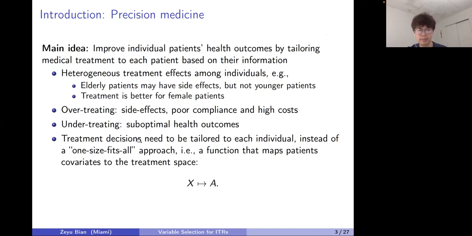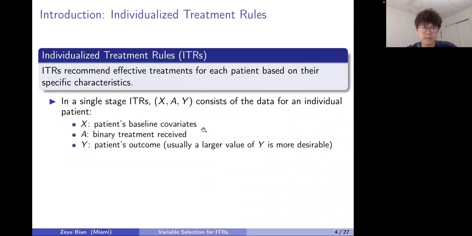That is, the treatment decision should be a function that maps patients' covariates to the treatment space. Individualized treatment rules, ITRs, can help us achieve this goal.